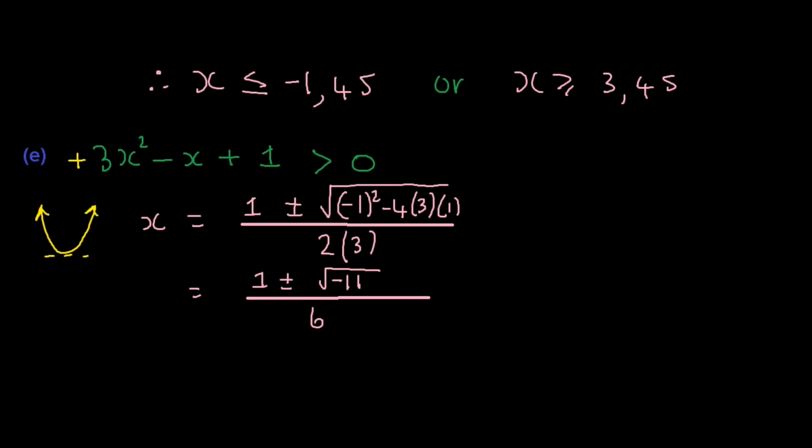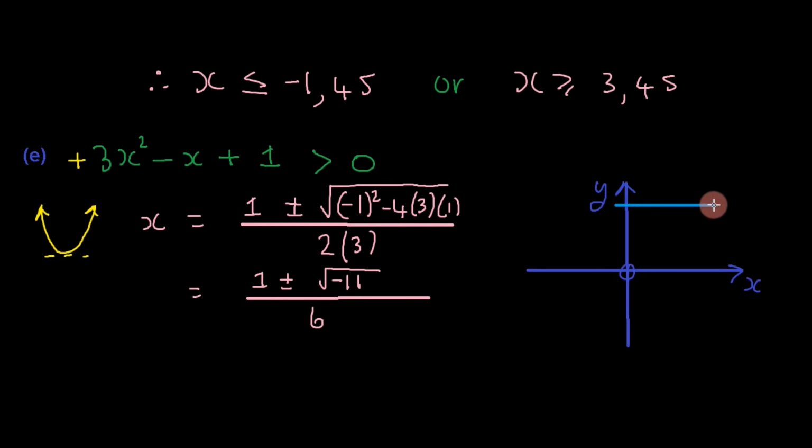So we can draw a sketch of this parabola. So we don't have any roots, and as we said, the parabola has a minimum value. It's a smiling parabola. In other words, it's going to look something like this.